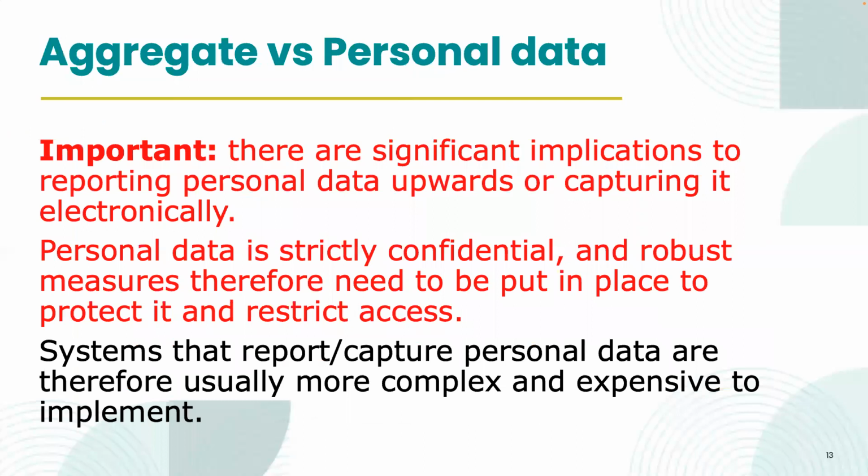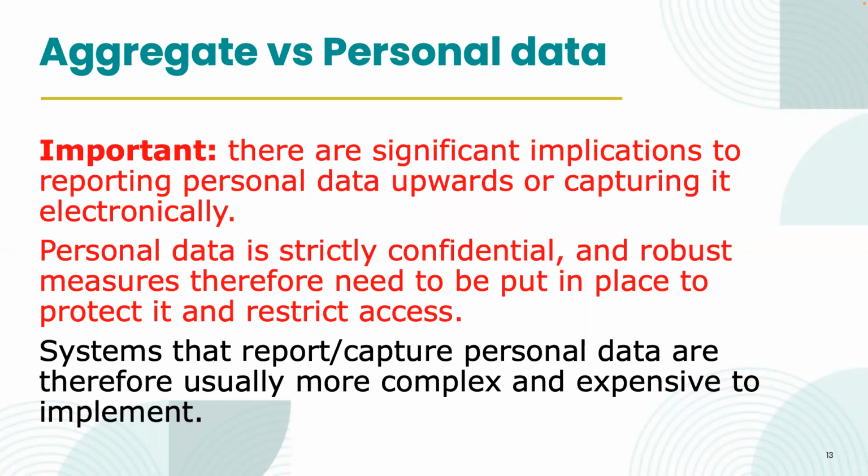Now, if we're talking about personal data, there's a really important point to bear in mind. As soon as we start collecting personal data, things become much, much more complicated. We're now handling the highly confidential data of patients or staff, and we really need to put quite tight measures in place to make sure that we protect this data and restrict access to it.